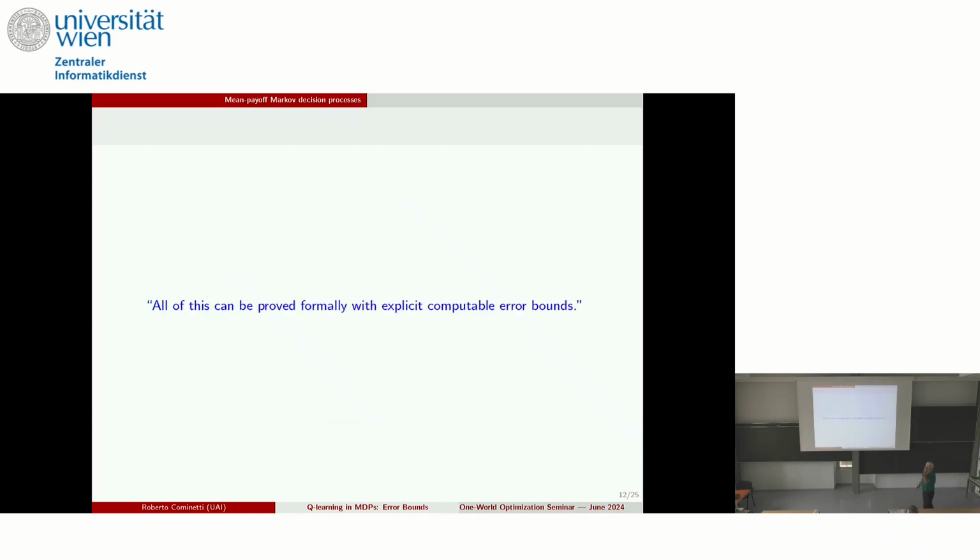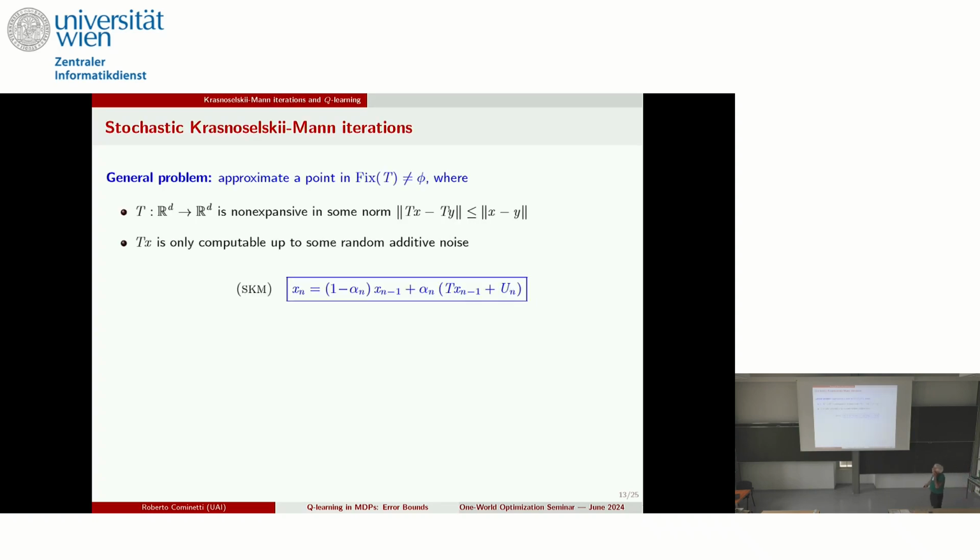So all of what I showed here can be proved formally, including the rates, and more than the rates, error bounds. And how do we do that? We observe that we can cast the RVI iteration as a special case of these Krasnoselskii-Mann iterations, except that there is a stochastic noise. So how does it go? Now I'm going to a general setting where I have a map T from R^d to R^d, which is non-expansive in some norm.